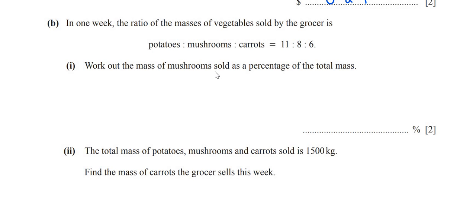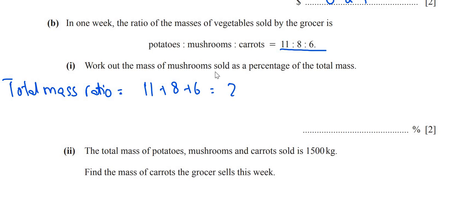Now, next question, it says, in 1 week the ratio of masses of vegetables sold by the grocer is potato, mushrooms and carrots. So work out the mass of mushroom sold as a percentage of total mass. First and foremost, find total mass. You have to add all of these numbers of the ratio, 11 plus 8 plus 6.